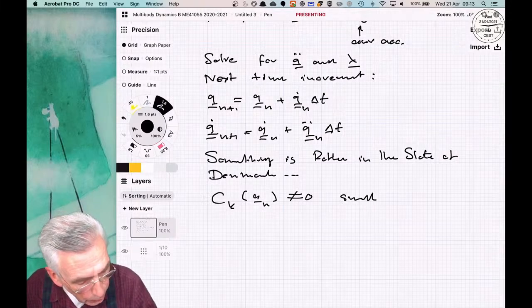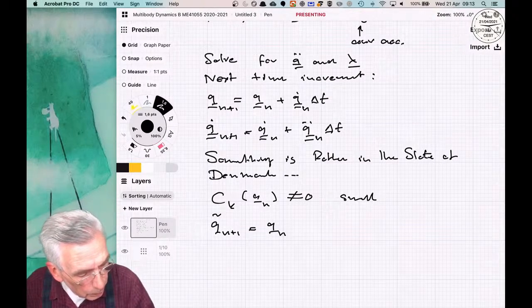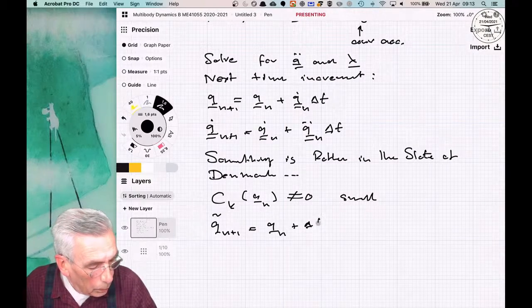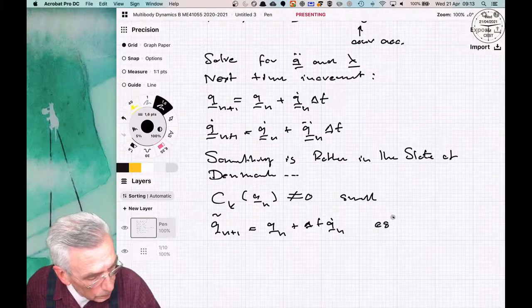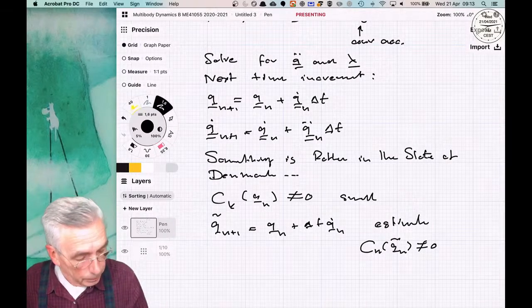So you could also say that this Q n plus 1 is an estimate, right? This tilde means it's an estimate. So we know approximately what this thing is. It's an estimate, in the sense that if we now calculate what these values are, they're usually not 0, and they should be 0.